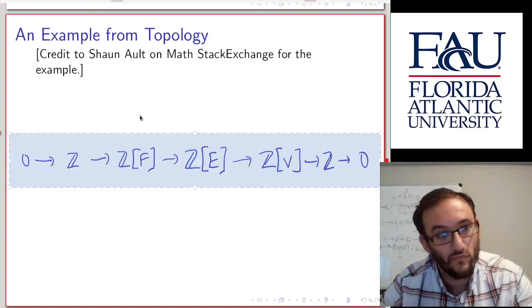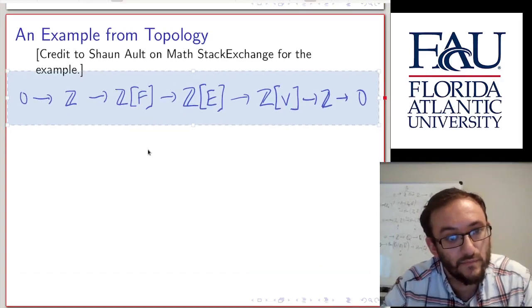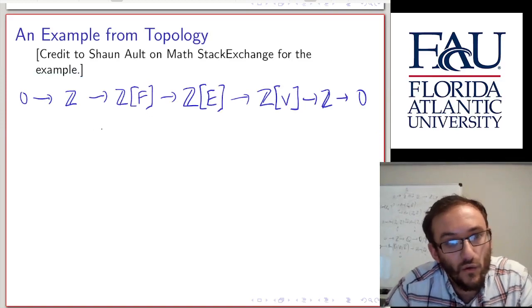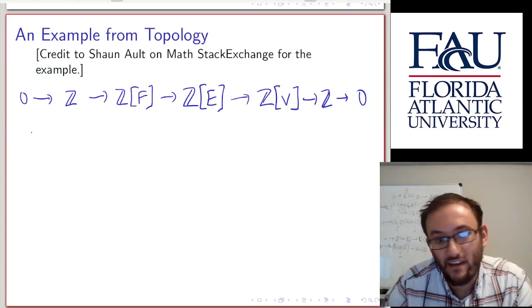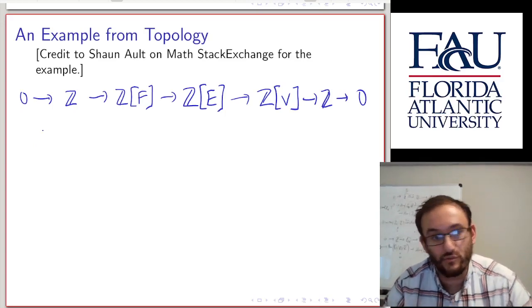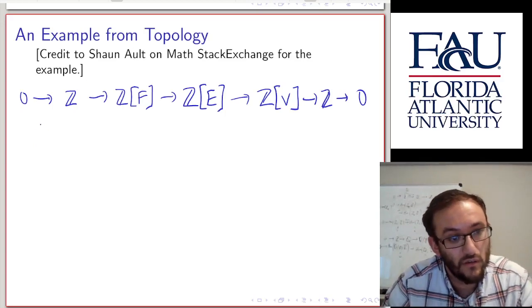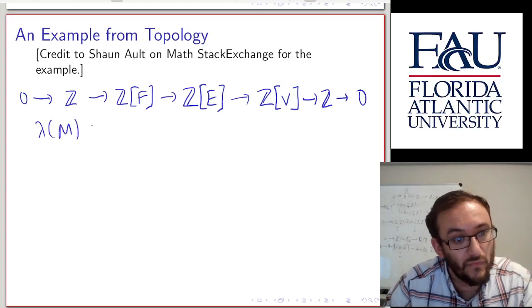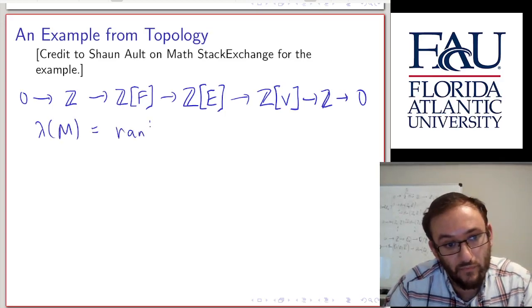So taking this sequence, we can apply an additive function. And the additive function will simply be the rank of each module. So how many generators you need for each module. So lambda of m equals rank of m.